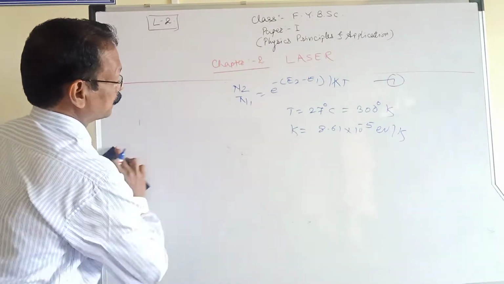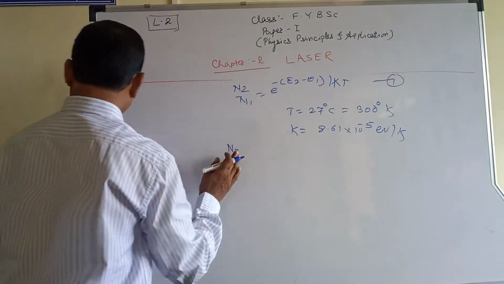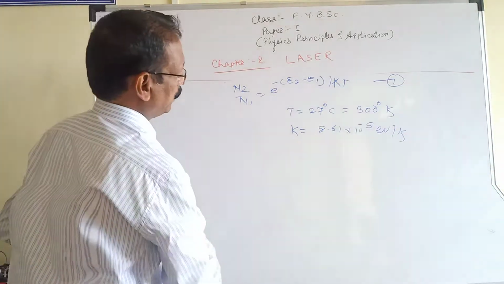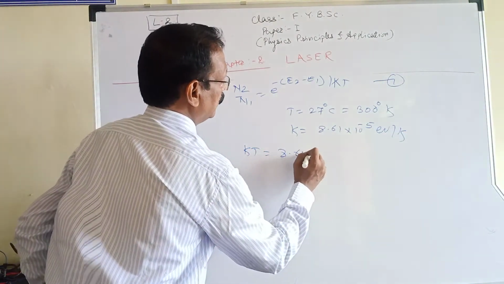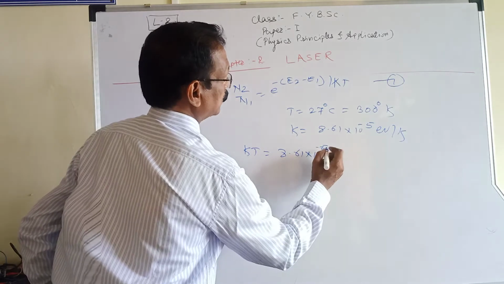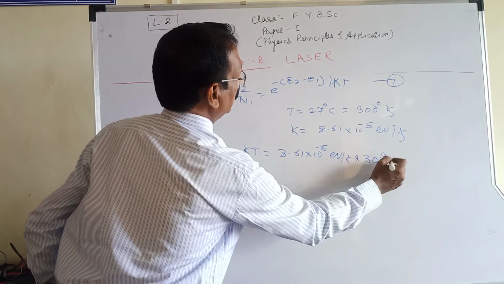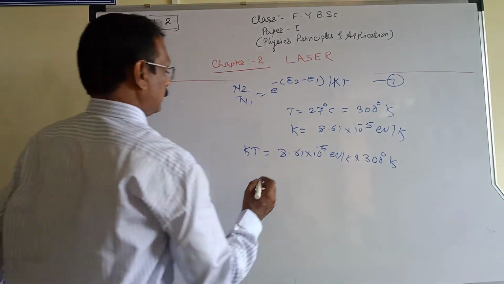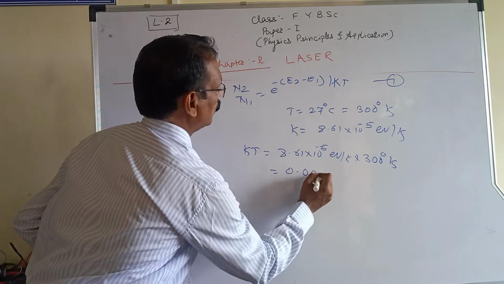First we find KT. K into T is equal to 8.61 into 10 raised to minus 5 electron volt per Kelvin into 300 Kelvin, which is nearly equal to 0.025 electron volt. We have to substitute in this equation.